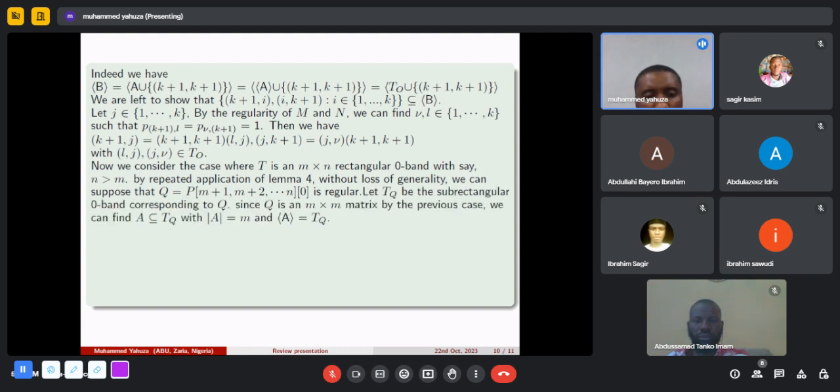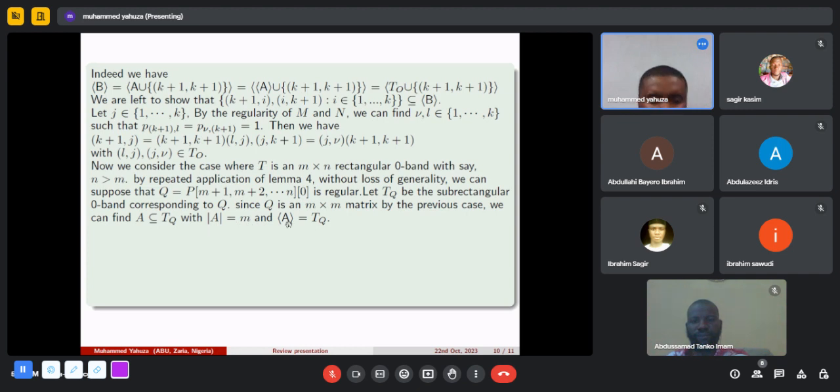Now let TQ be the sub-rectangular zero band corresponding to Q. That is, after deleting this, then you have a sub-matrix. So let TQ be the sub-rectangular zero band corresponding to this Q. Since Q is an m by m matrix, by the previous case we can find a subset A of TQ with size equal to m.